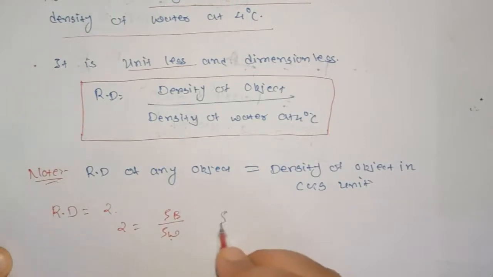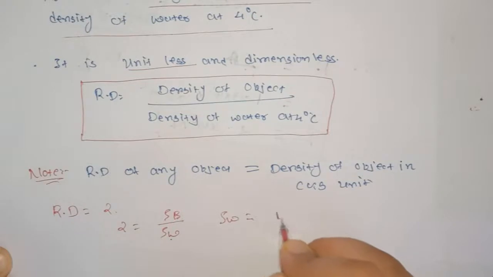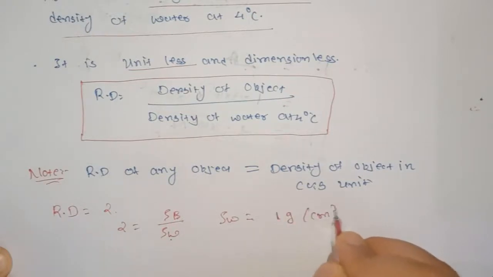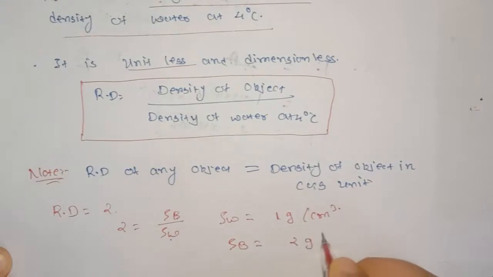The density of water in CGS unit is 1 gram per centimeter cube. So the density of body will be 2 gram per centimeter cube. If I want the answer in kg per meter cube, that is in SI unit, then we have to just multiply the relative density by 1000. So density of body will be 2000 kg per meter cube.